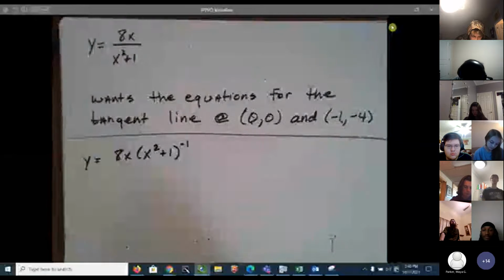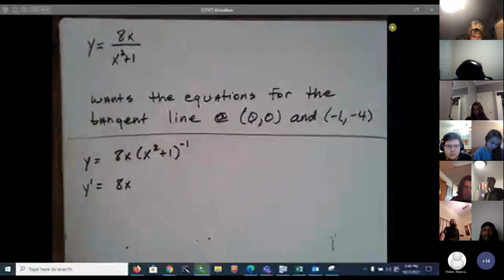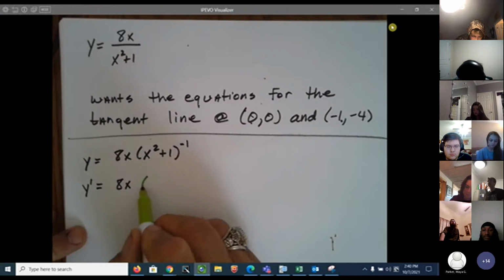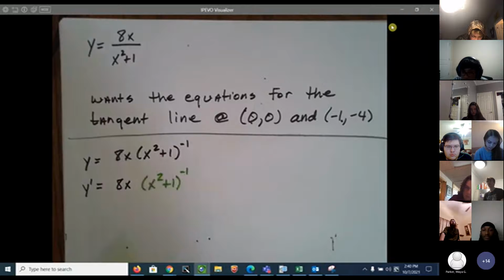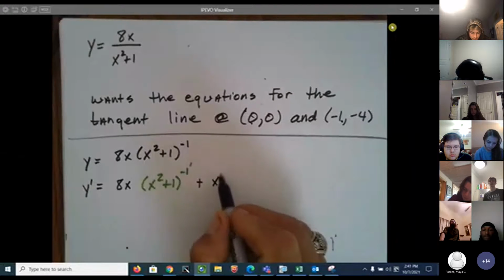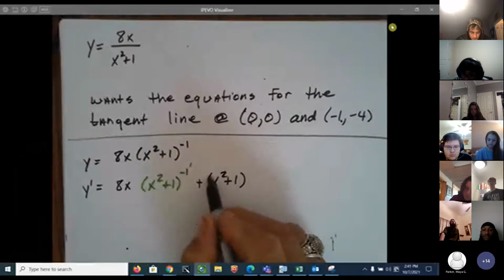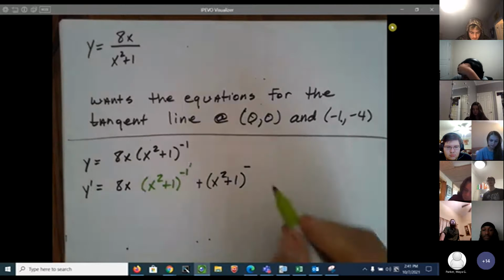I'm going to do the product rule. So y prime is equal to first times the derivative of the second plus the second times the derivative of the first.